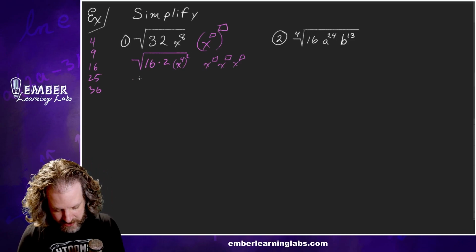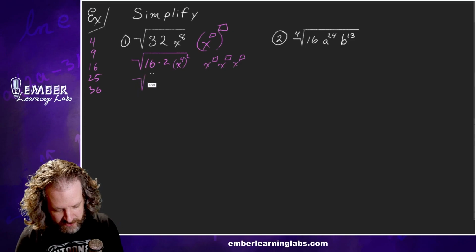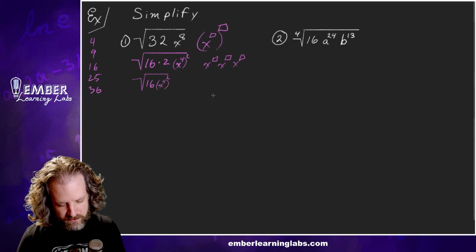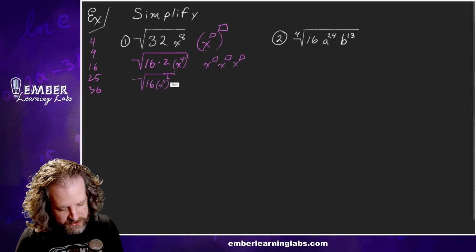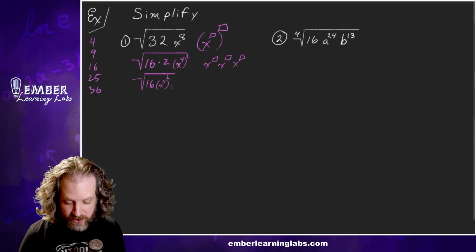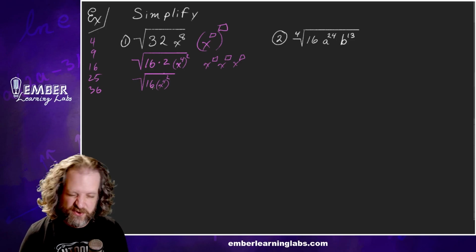The square root, we can split this into the square root of 16 times the square root of x to the 4th squared. These ones are all the ones that we know the square root of, because we can cancel the square and square root on this one, and the square root of 16 is 4.